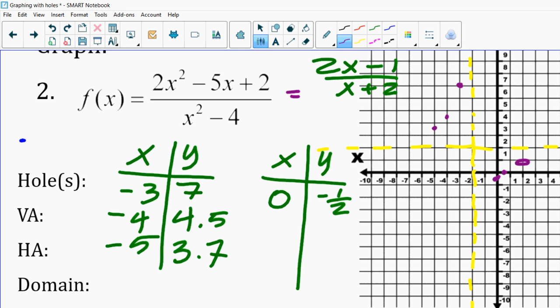Do you have a pretty good idea what this looks like? Here, arrows, but don't go through that hole. Do not go through that hole.